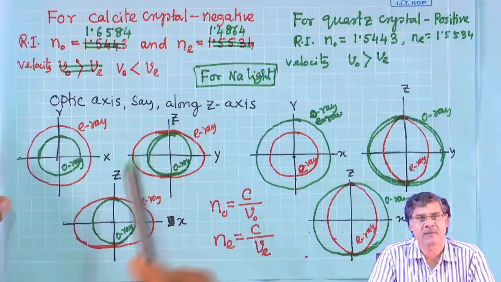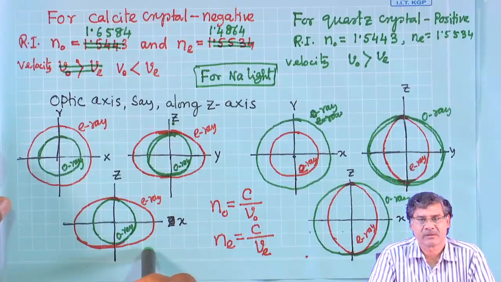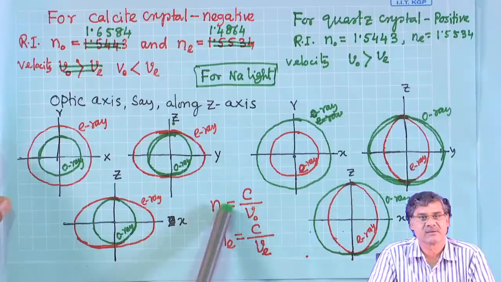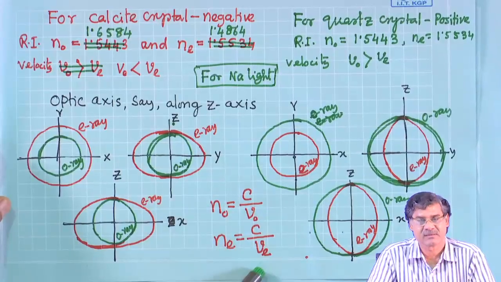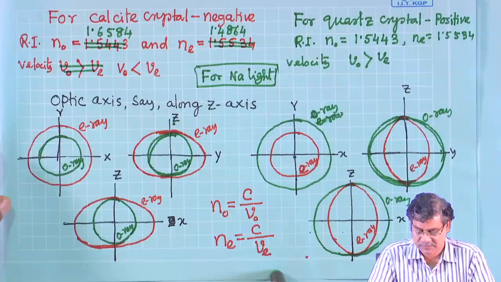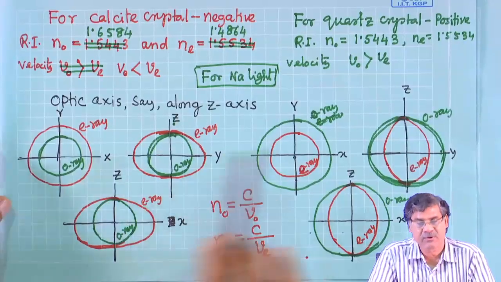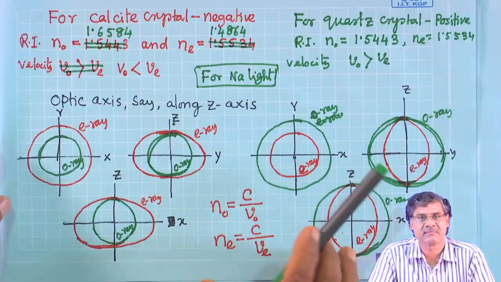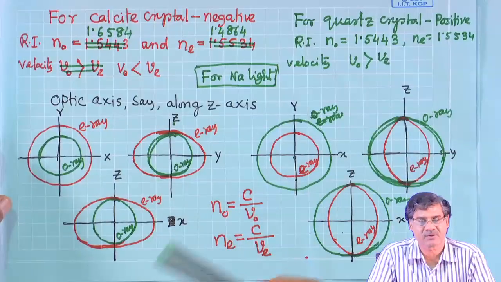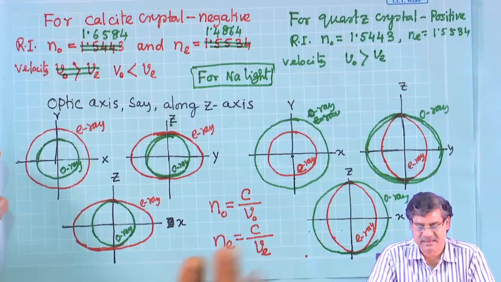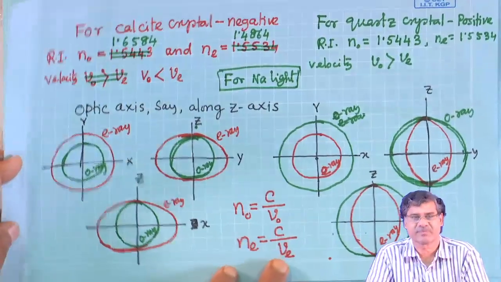Just the opposite way you have to draw. Since this c is constant, they are inverse, okay. c is the velocity in vacuum, okay. So, whatever we have drawn here is nothing but either the velocity or, the opposite way, the refractive index distribution in the crystal, right.